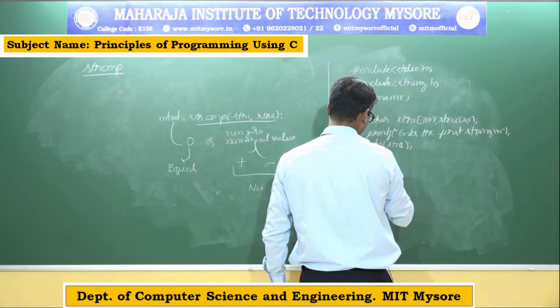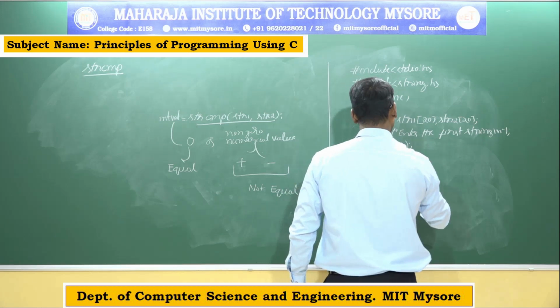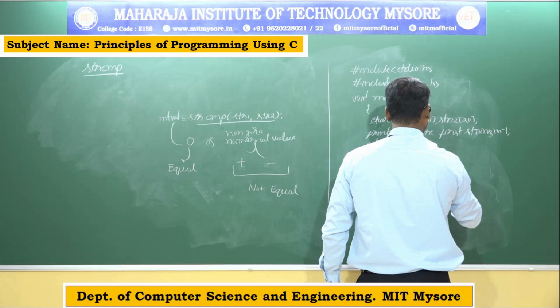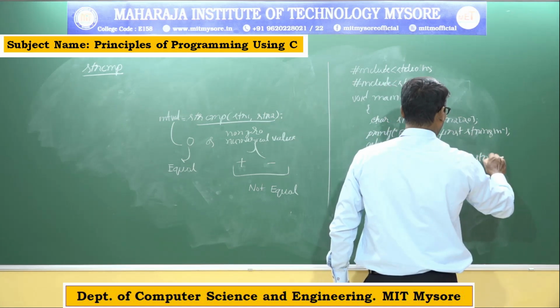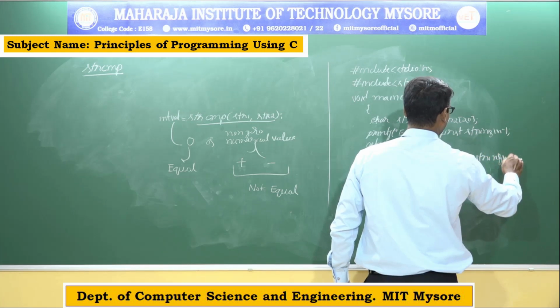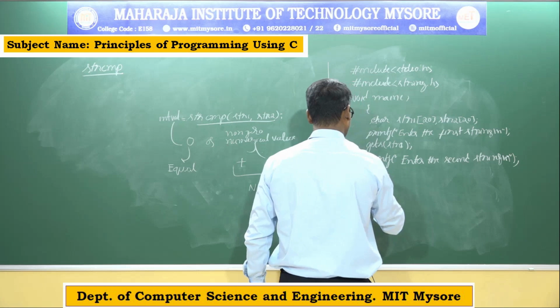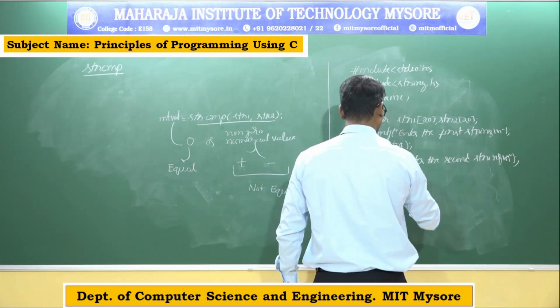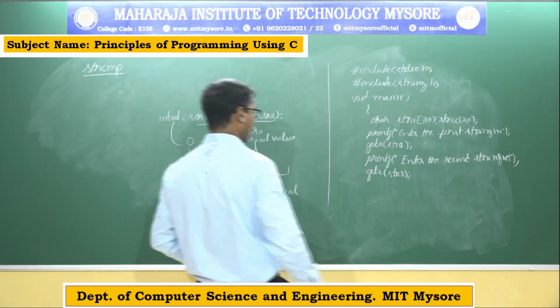Then printf("Enter the second string\n"), gets(str2). Next, here we can use the strcmp function.